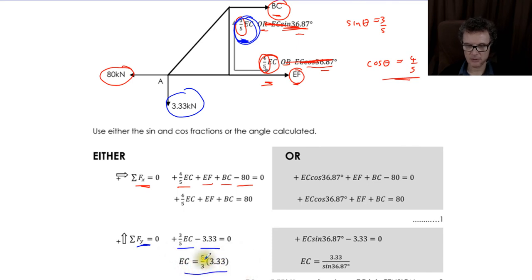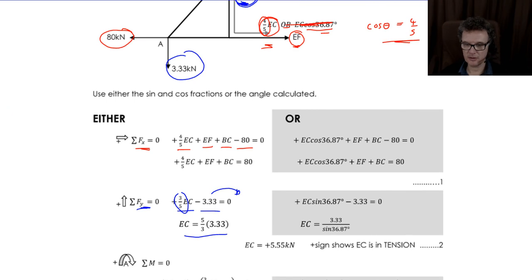We take this over to the right hand side, and multiply both sides by 5/3, and then we end up with that result. So we've found our first value: EC is 5.55 kilonewtons. We note that the sign is positive, so therefore it must be in tension.